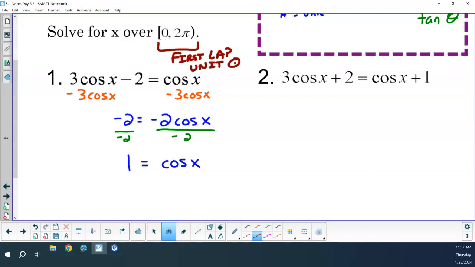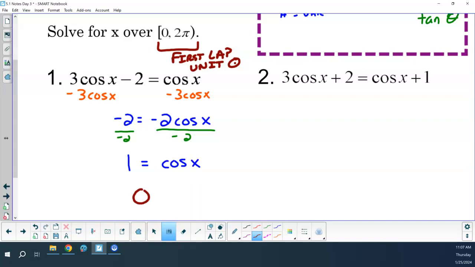So first lap of the unit circle is cosine x or is cosine y? Cosine is x's on the unit circle. So I'm looking where any x value or any cosine value is equal to 1. Do I have one right off the start? Yep, I got one at 0. So 0 radians would be an answer.